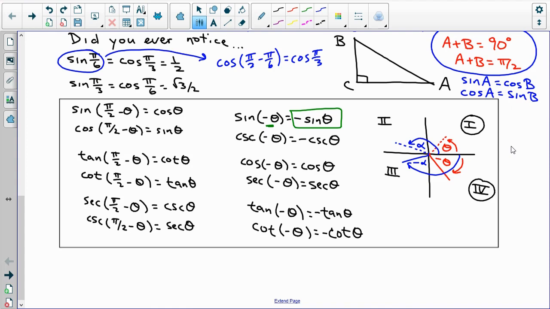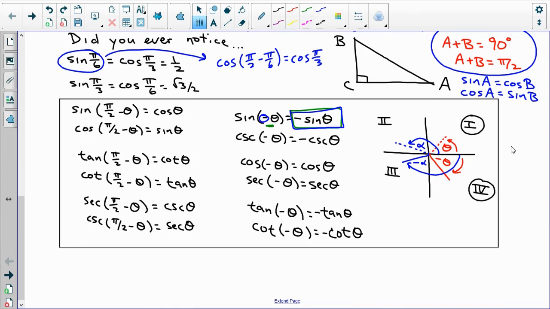And so when you look at sine and tangent, essentially what that means from an algebraic perspective is if you see a negative angle, you can turn it into the negative of the function of a positive angle. That's true for sine, cosecant, tangent, and cotangent. For cosine, the negative angle can just basically go away.